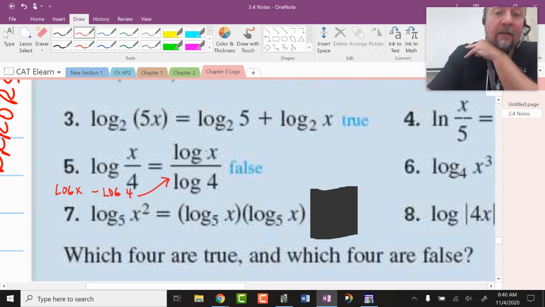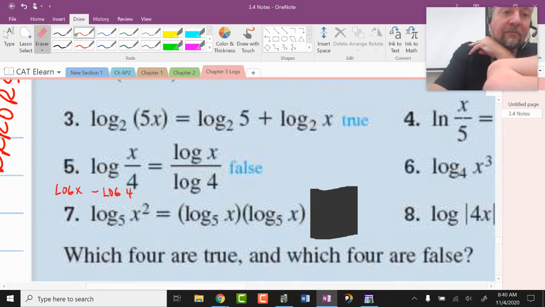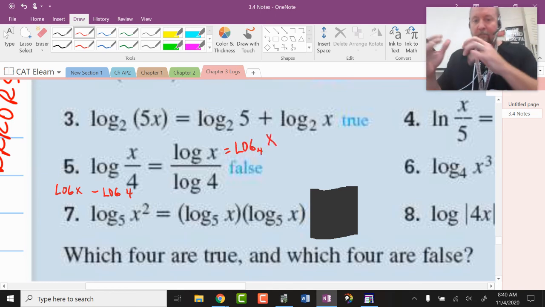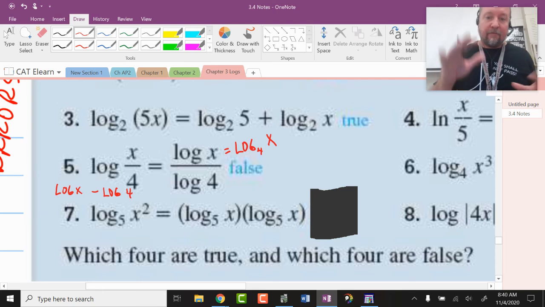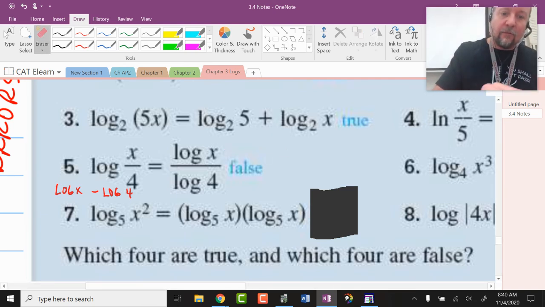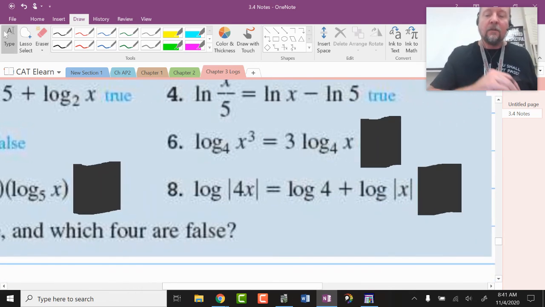That is incorrect. This is actually the change of base formula. You know what this actually equals? This actually equals log base 4 of x. And then you'd have to use the change of base to evaluate that, even though you can't really evaluate that. So that's a change of base formula we just showed you, or this is equal to that. It's just proof that those are not equal.